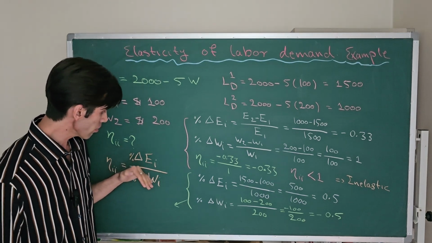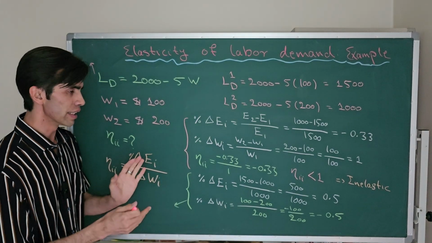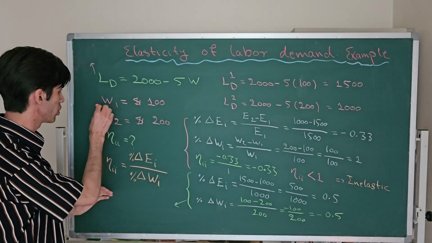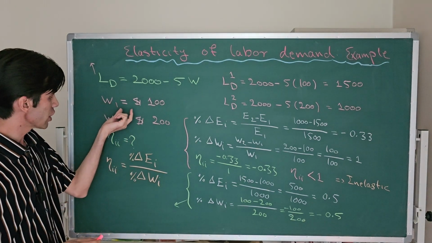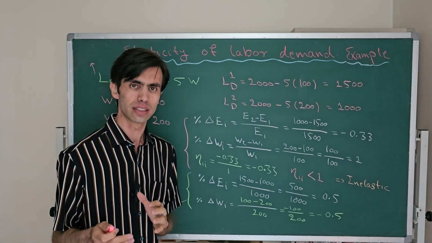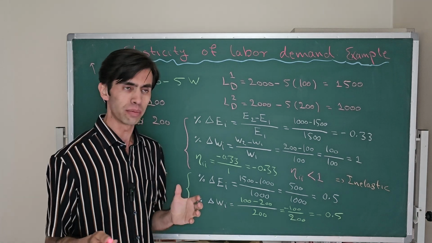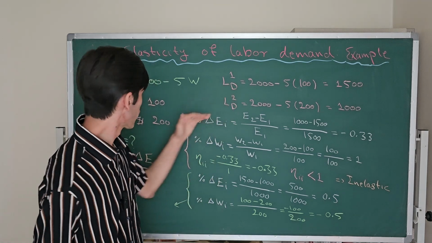So first of all, based on this wage rate, let's find out the employment level at two different wage levels. When the wage level is 100, how many workers will this firm hire?